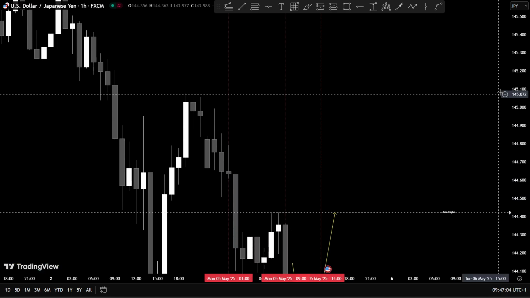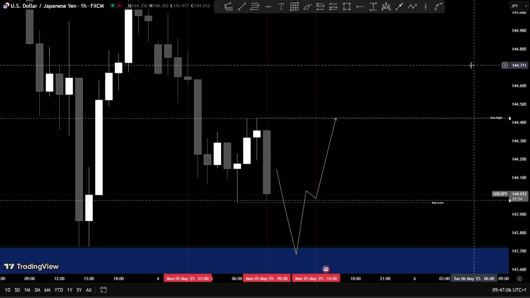So the current market condition is that the hourly is bearish and the 4-hour is bearish.